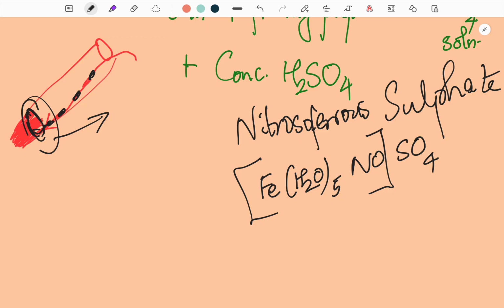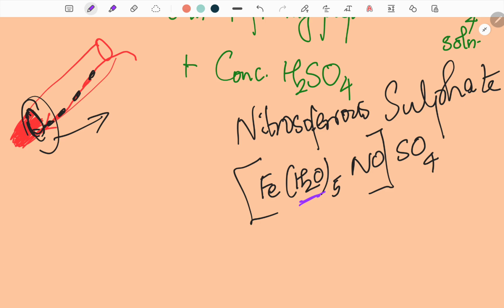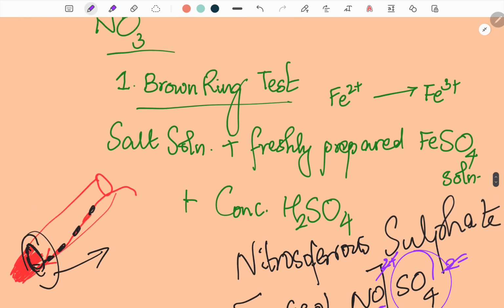So this is a coordination compound where the water and the nitrosyl group are acting as ligands, and the sulfate is a counter ion. And this coordination entity has a charge of +2, which balances the sulfate ion's -2 charge. So this will be cancelled. So this is the brown ring test.